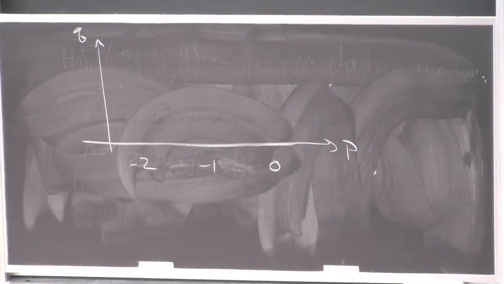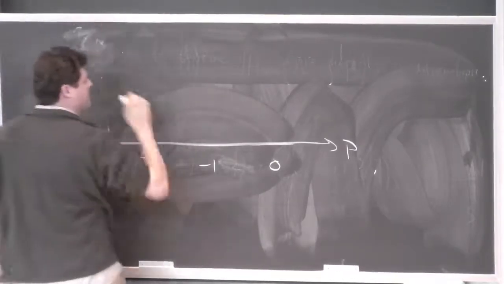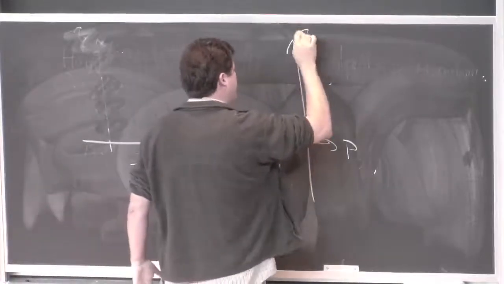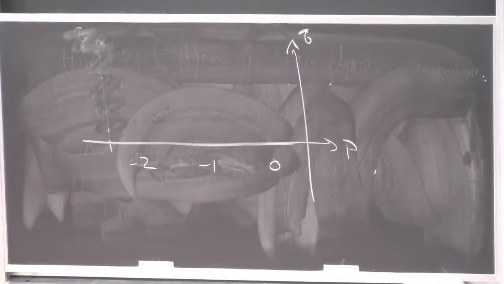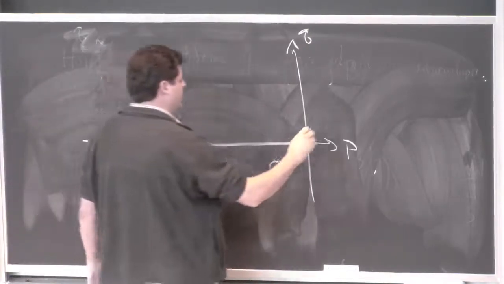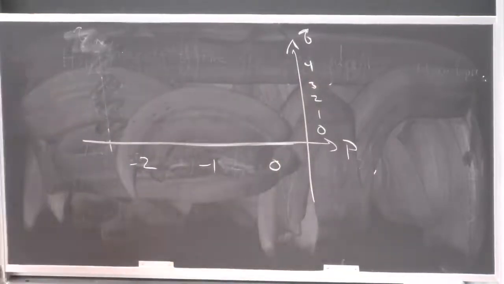Maybe you want me to put the Q axis on the other side. Maybe you'll be happy about that. And we're on P4, so we could go as high as 4. So let's take cohomology of these, and I'm just going to write the dimensions of these cohomology groups.